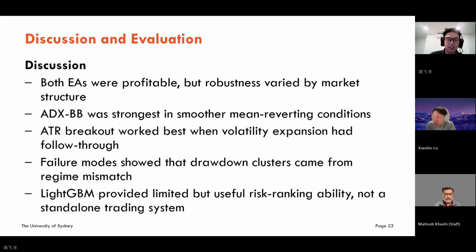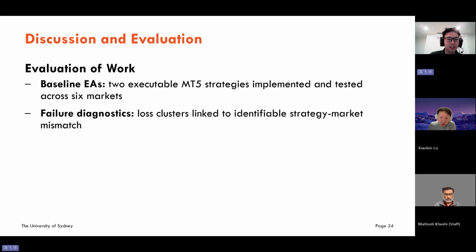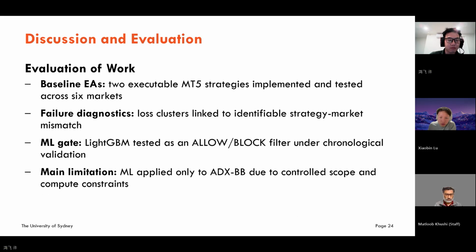And machine learning is kind of helpful, but not yet. It has a promising future, I will say that. And the evaluation of my work is right here. Based on the evaluation, the two EAs were tested and both have profits, and the failure diagnosis is identified.